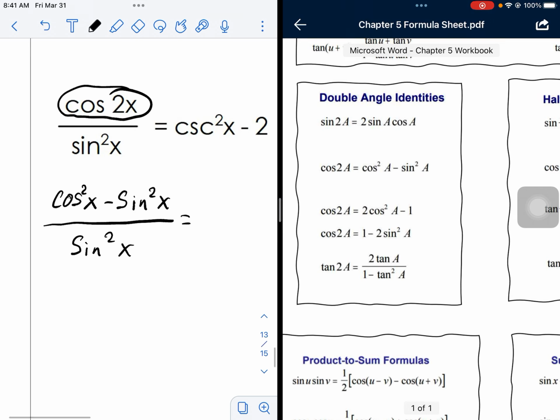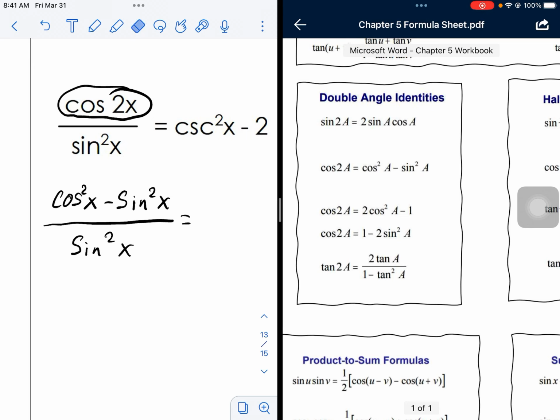And now, see what happens is we have a cosine squared divided by sine squared, and then we also will have a sine squared. Ooh, I did this one wrong. Never mind. As you can see, that one's not going to work out because we're going to end up with cosine over sine, and then sine divided by sine is 1. So that's not going to get us to the cosecant part.